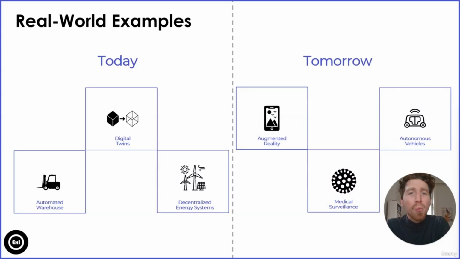So what real-world applications within edge computing already exist today, and what's expected to come in the future? In general, there are multiple industries affected by this new computing paradigm.